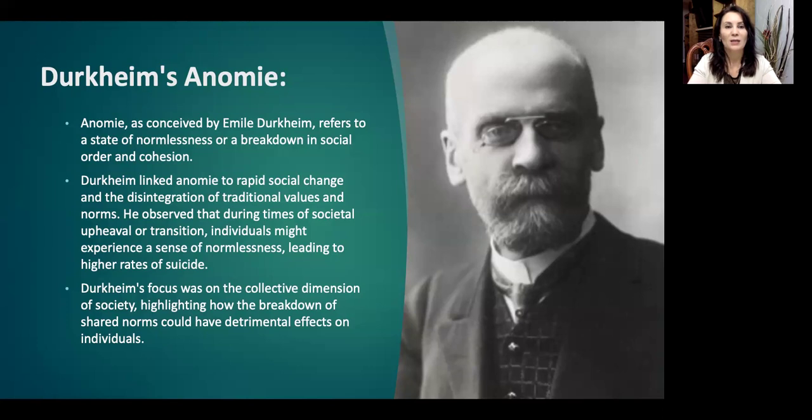Durkheim says that anomie is a state of normlessness or breakdown in social order and cohesion. According to Durkheim, when changes in society are rapid, like industrialization or social revolutions, people don't understand what's going on and where life is taking them.